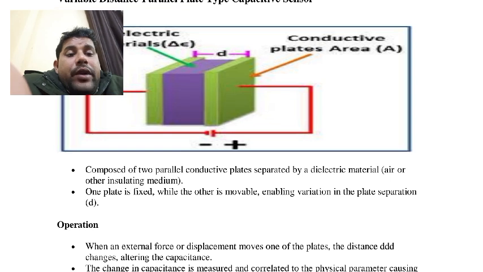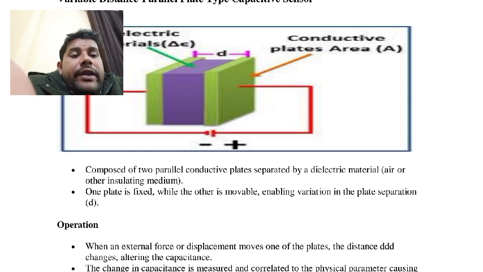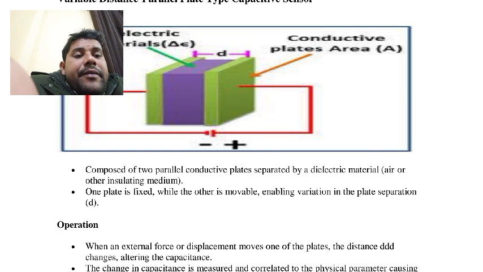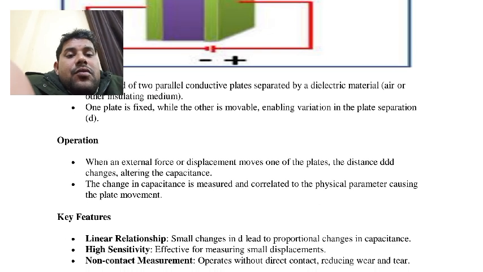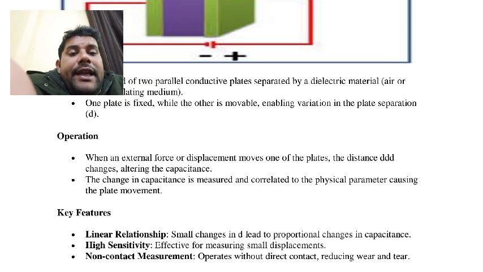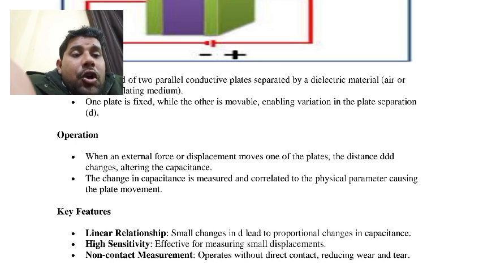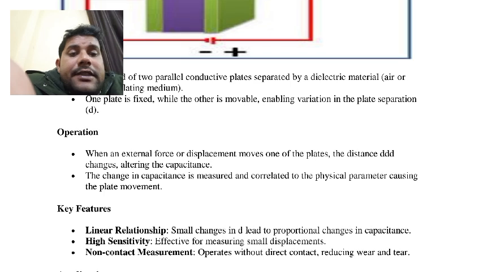One plate is fixed while the other is movable, enabling variation in plate separation. Operation: when an external force or displacement moves one plate, the distance d changes, altering the capacitance.